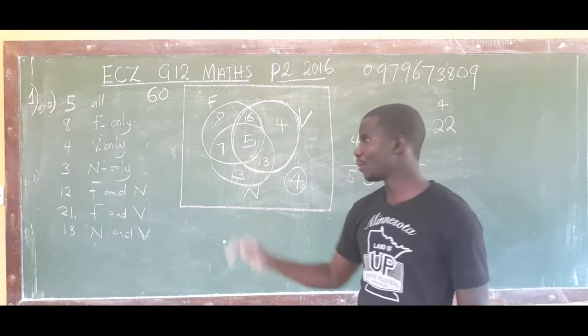The last one is going to be 1: 52 divided by 52, we get 1. Okay, and we move on to the next one.